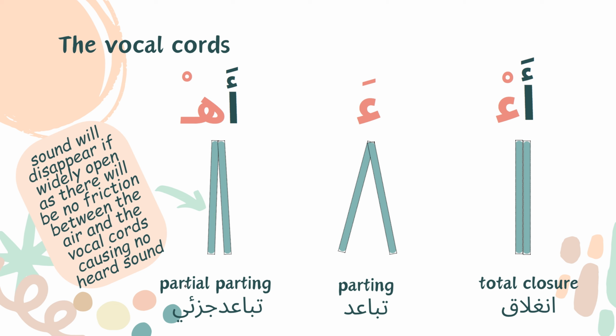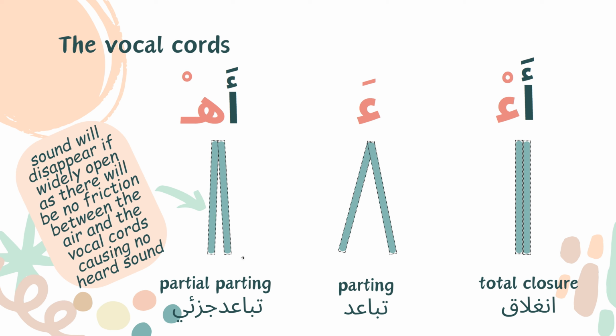Let's give it a try. If I say this, I made a partial opening to the vocal cords. What if I make an extra opening and I say it? You see, there's no sound. There's no Ha. Compare. Because the vocal cords are partially separated in one case, but in the other case they are widely separated.